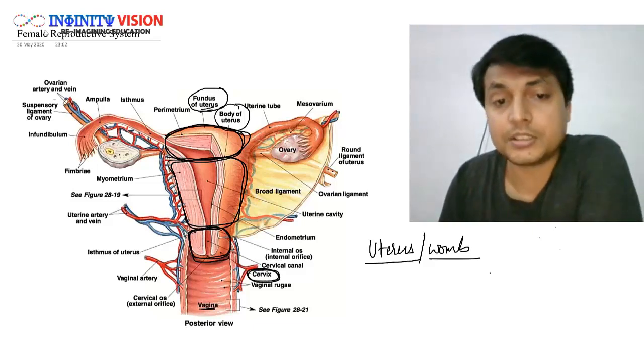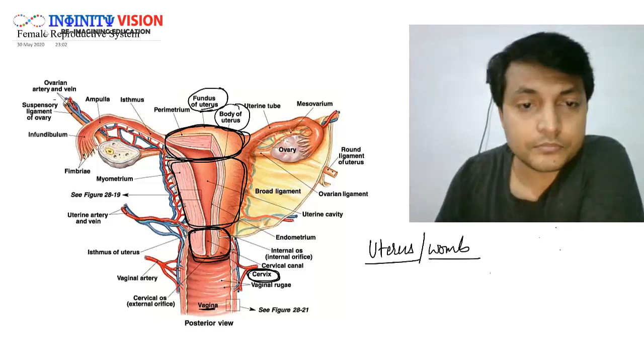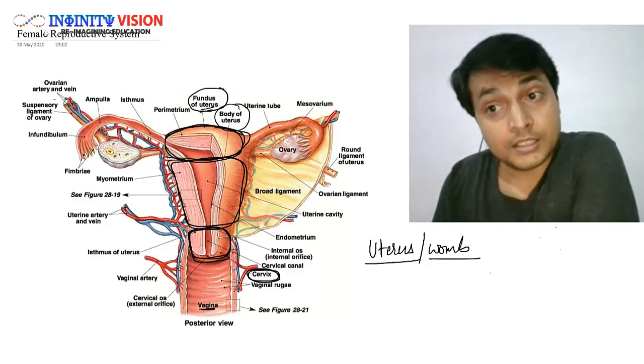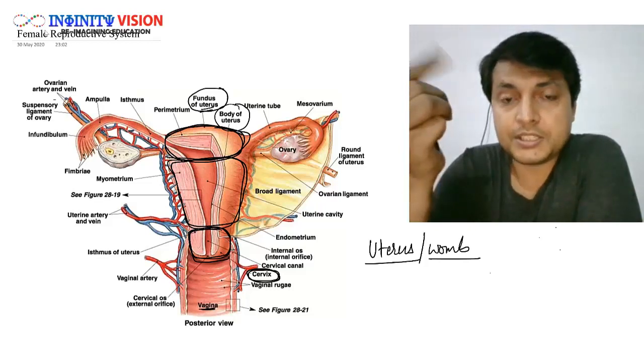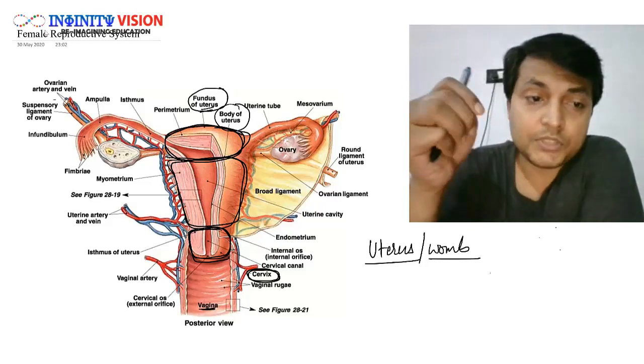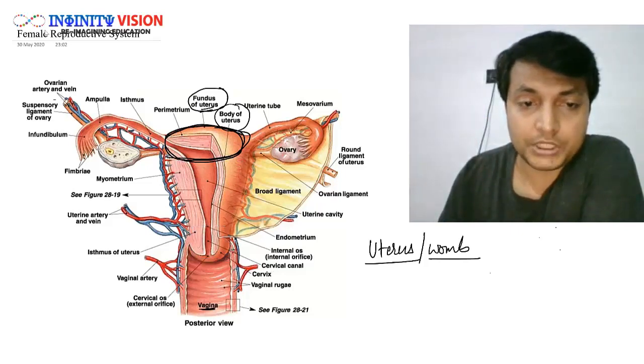Can you see here? This is called the cervix. So this uterus is divided into three parts: fundus, body, and cervix. Great. This is on the basis of location.